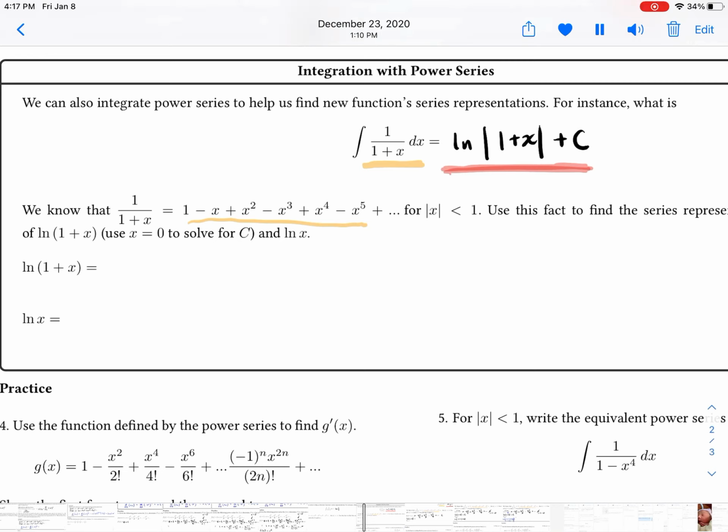So I can say the following: if I integrate each term in this particular series, I'm going to get the power series for the natural log of 1 plus x.